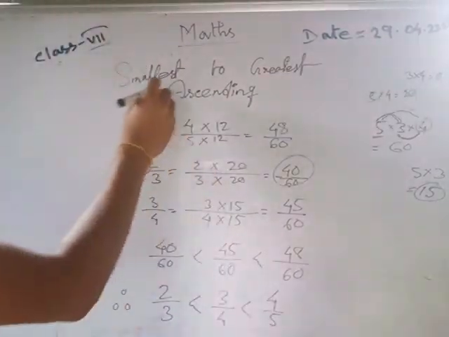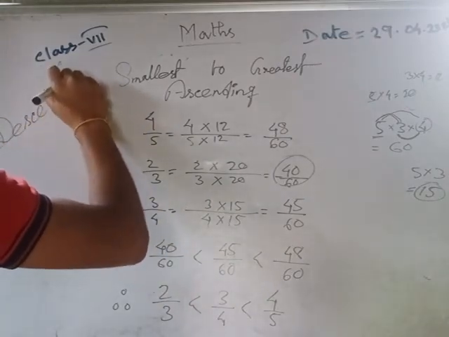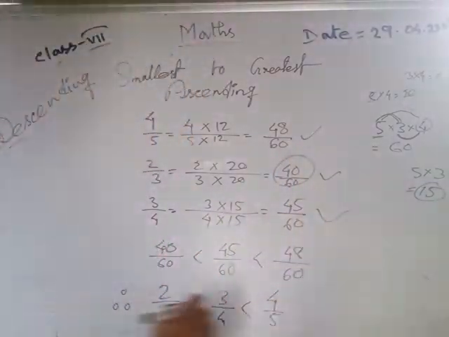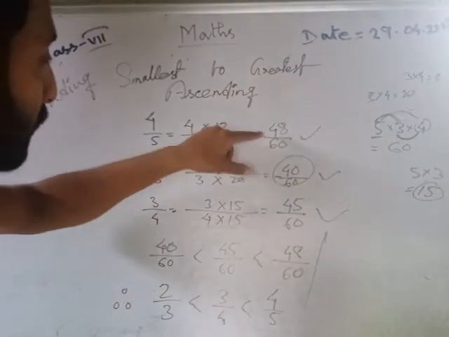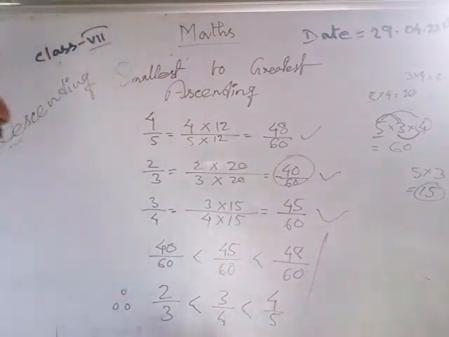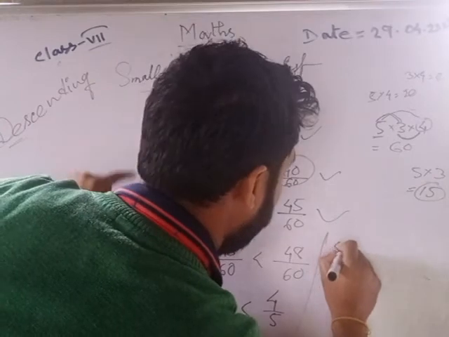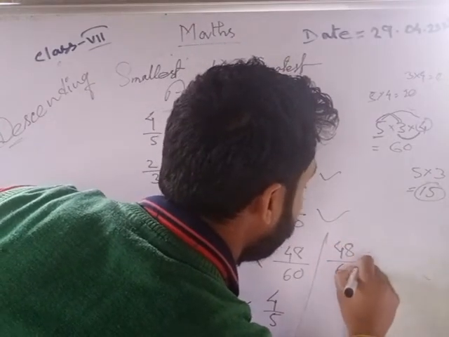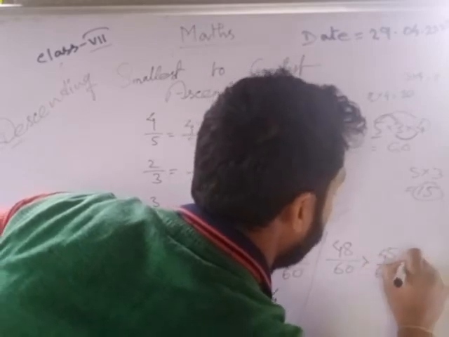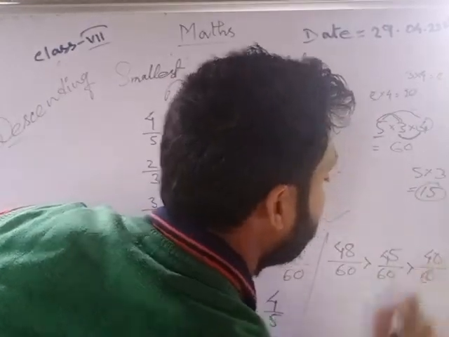Okay, if it is descending, on that time the rules are the same, but you should write here at first this number, because descending order means biggest to smallest. So you should write here 48 by 60, 45 by 60 and 40 by 60.